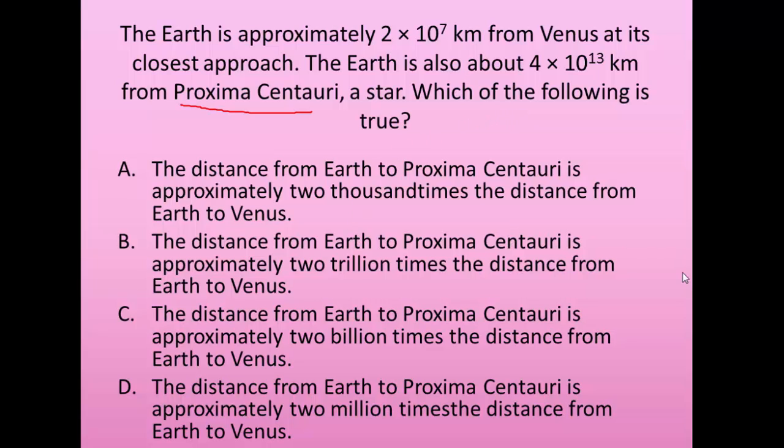So go ahead, pause this for a second, read through those, and see if you can figure out the answer. And the correct answer to this one is D. The distance from Earth to the star is approximately 2 million times the distance from Earth to Venus. So you have to look at the exponents again.